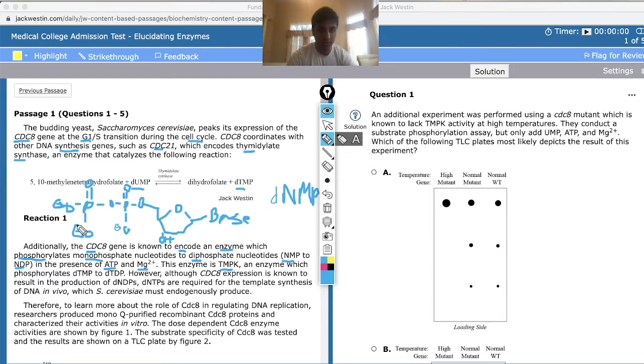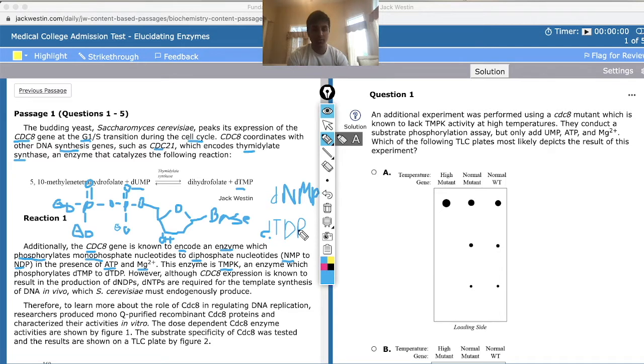So the TMPK, which stands for thymidine monophosphate kinase, is going to phosphorylate and convert the monophosphate to the diphosphate. So 1 phosphate to 2 phosphates. So this is 2 phosphates. So this is deoxythymidine diphosphate, TDP. All right.